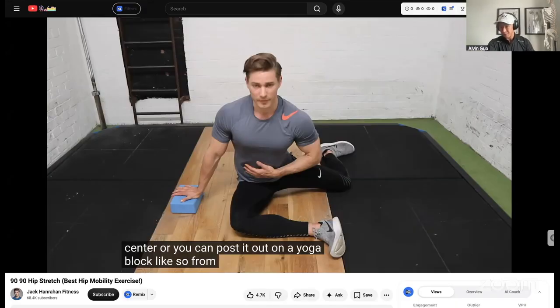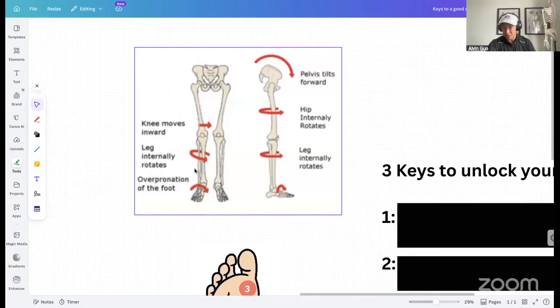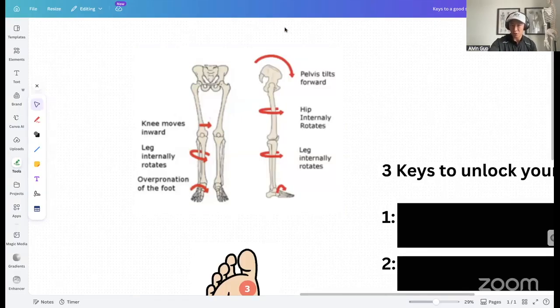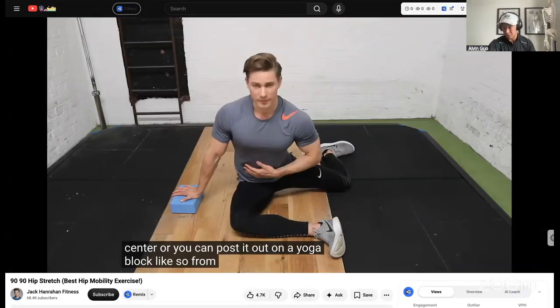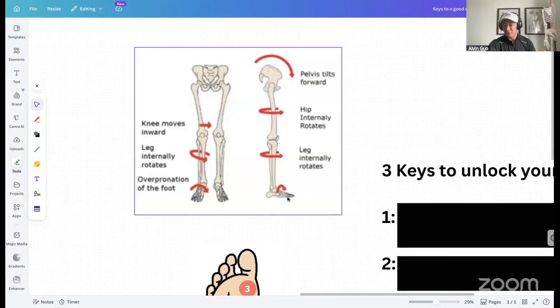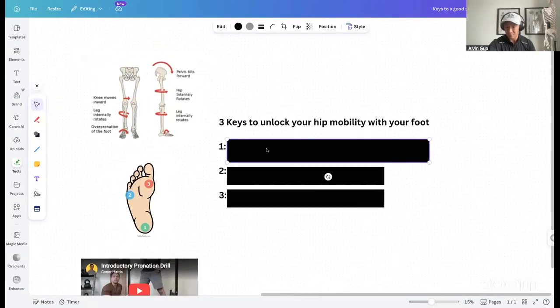You need to do other exercises that take your foot, tibia, femur, and pelvis into account. That way, once you change your range of motion, you can do exercises like this to help you maintain it.